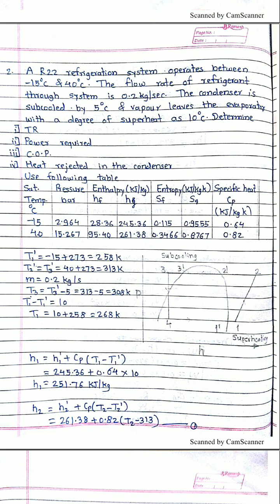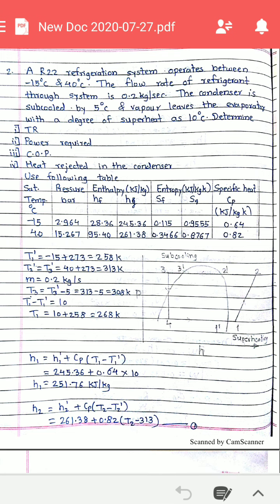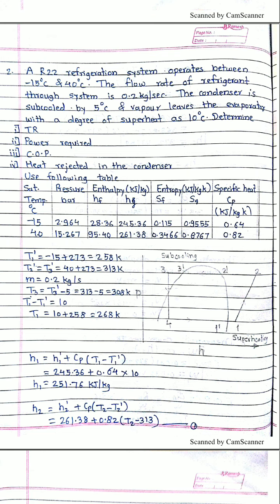Therefore H1 is equal to 251.76 kilojoule per kg. H1, the enthalpy at the entry of the compressor, is 251.76 kilojoule per kg. Now similarly we can calculate H2. H2 is equal to H2 dash plus Cp into bracket T2 minus T2 dash.